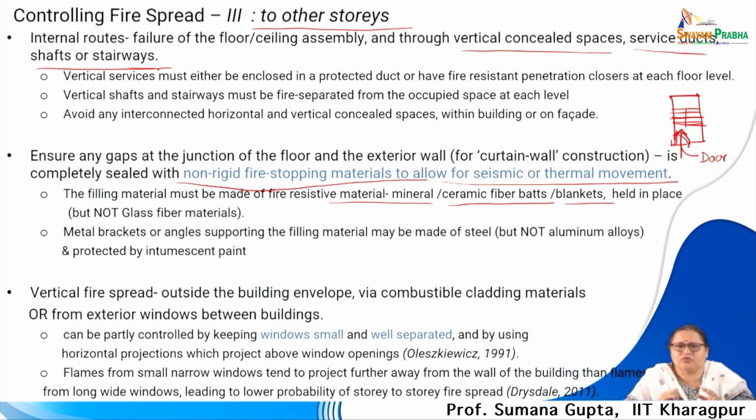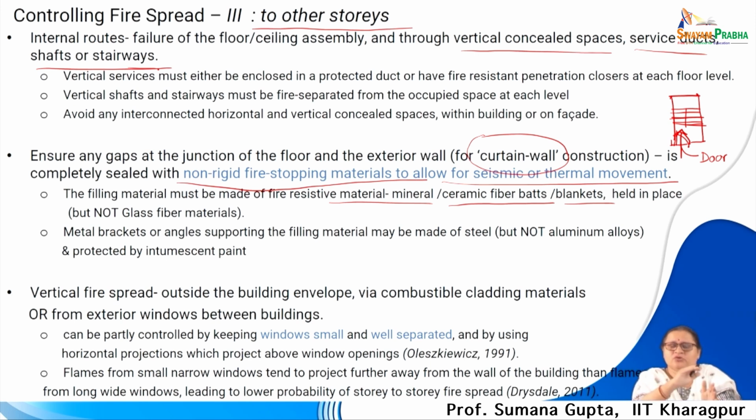So, we are not going for any rigid kind of stop between floors, particularly in between curtain walls. Now, curtain walls nowadays, the facades, have continuous walls between two floors. It may be all glass, it may be ACPs. These allow a nice elevation or an aesthetic look to the building.